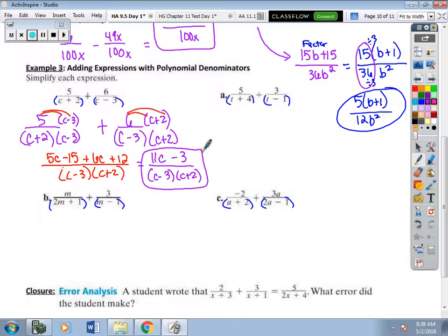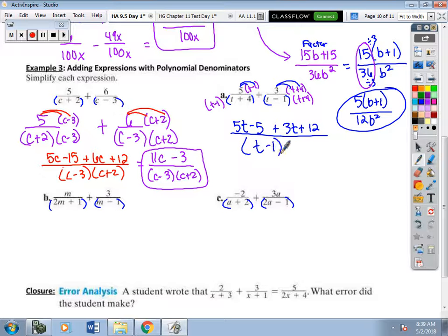Again, some of you will like this better because it doesn't take you as long to figure out what the least common, you just multiply by the other denominator. So for this next one, I'm going to multiply by t minus 1 in the top and the bottom for this fraction. This one I'm going to multiply by t plus 4 in the top and the bottom. And make sure that we distribute that. So we'll have 5t minus 5 plus 3t plus 12 all over our common denominator.